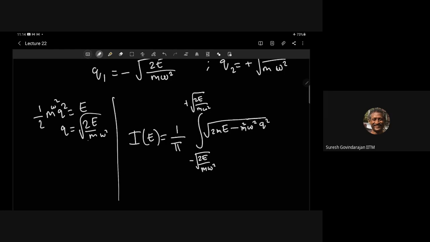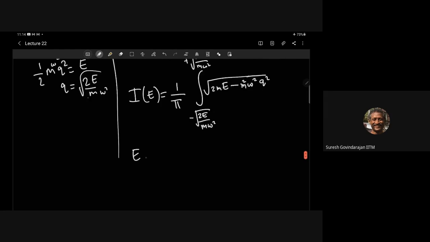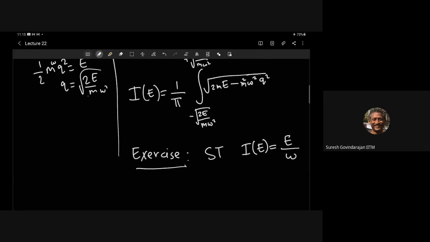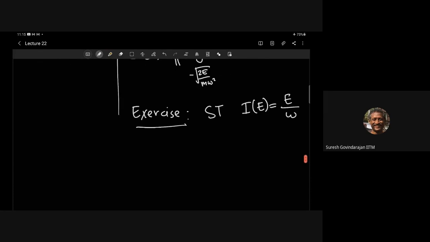This is an integral you can do as an exercise. Show that it works out. In this case, you can argue with me saying, but it's just some constant factor omega, so I and E are more or less the same.